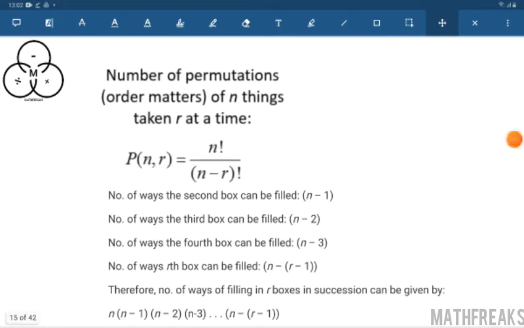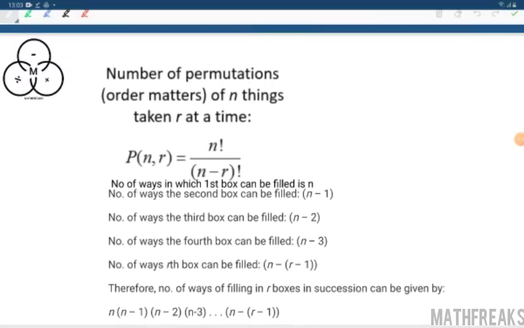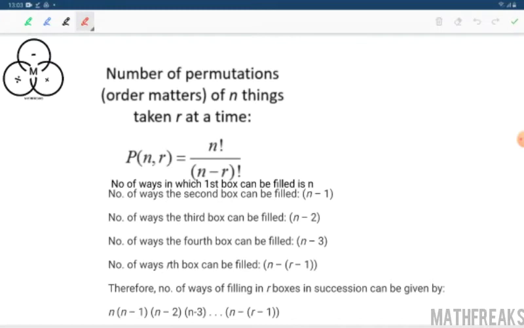Number of permutations, order matters, of n things taken r at a time. What do I mean by the word permutation? Permutation means arrangement.